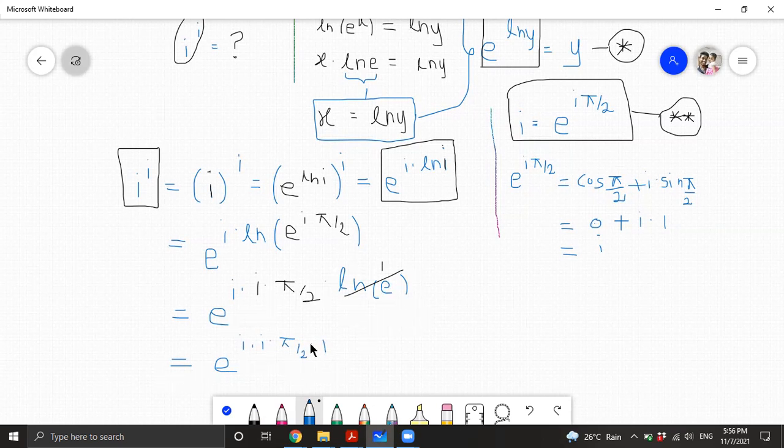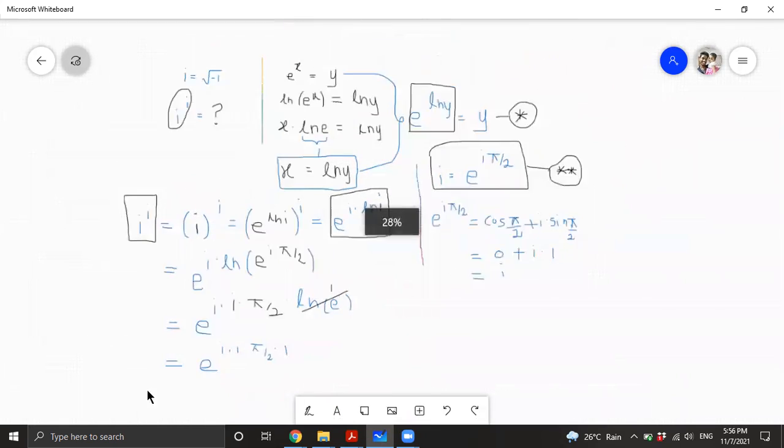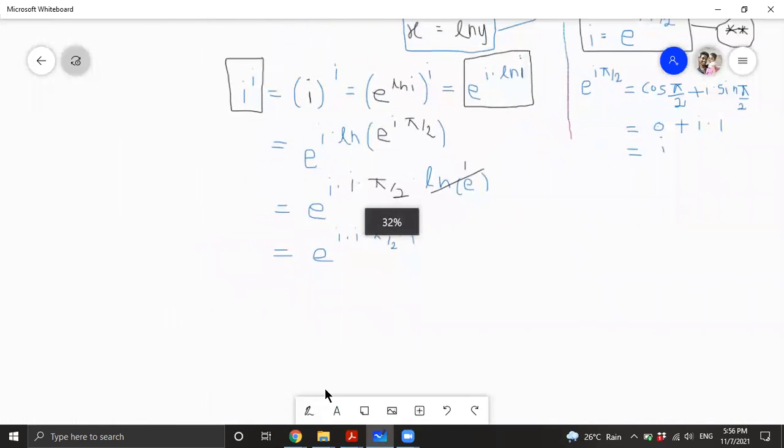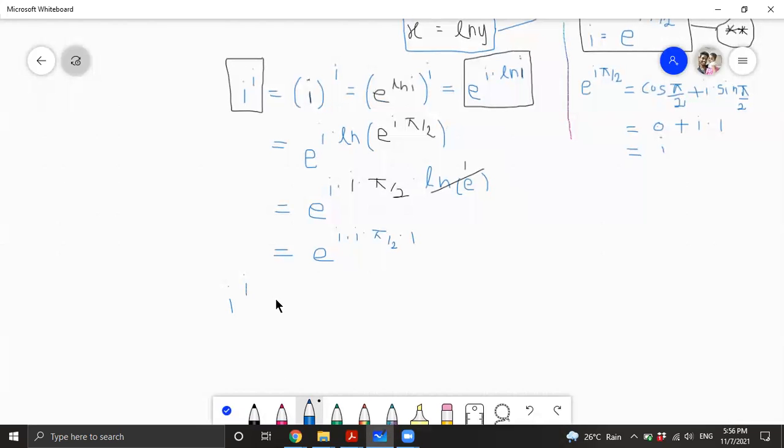Yeah, so we are in the finishing stage of this, and we are going to find this value so soon. So let me write the question again. i to the power i is equal to, so it's just a multiplication. We are going to find i squared pi by 2, and we know that i is the square root of -1.